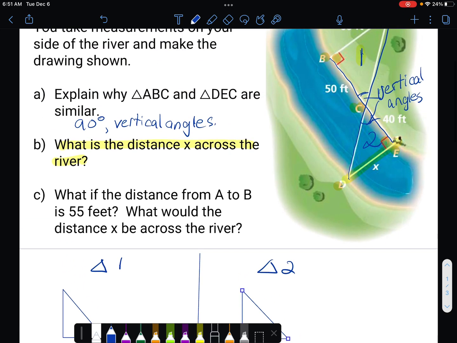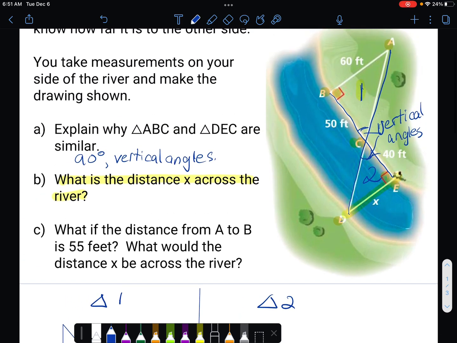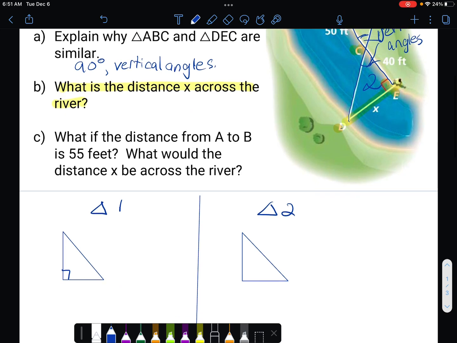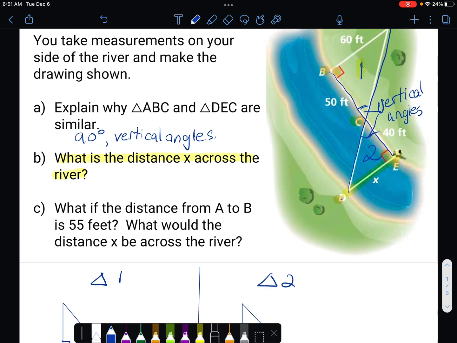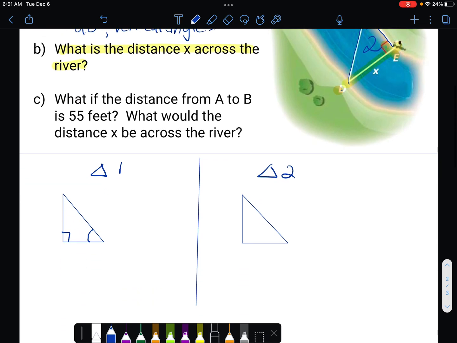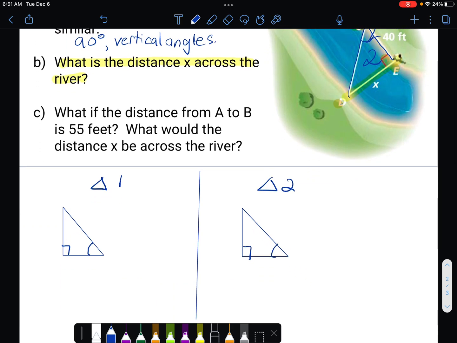And so triangle 1 has a 90-degree angle, and it has a vertical angle, and that's over here. I'm trying to map it up to the drawing. Now, my second triangle, I have to rotate it clockwise to see this, but I can see that my 90-degree angle is here, and I can see the vertical angle is here.